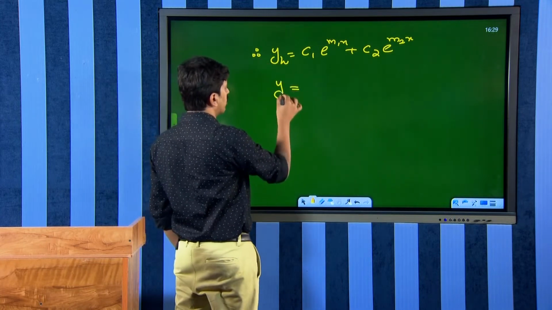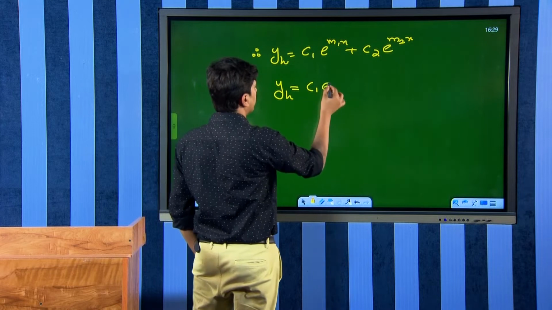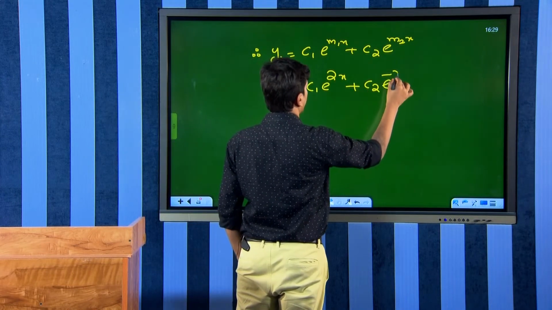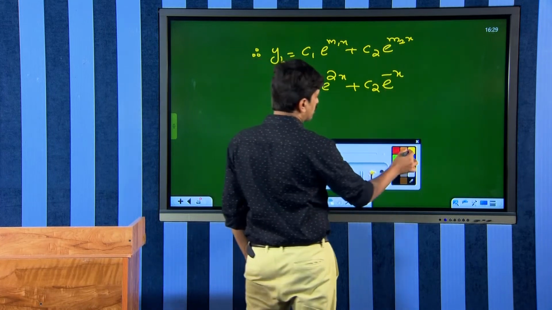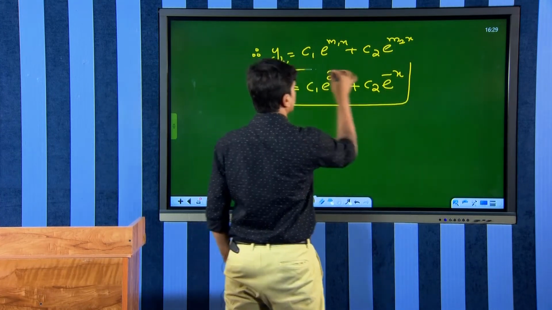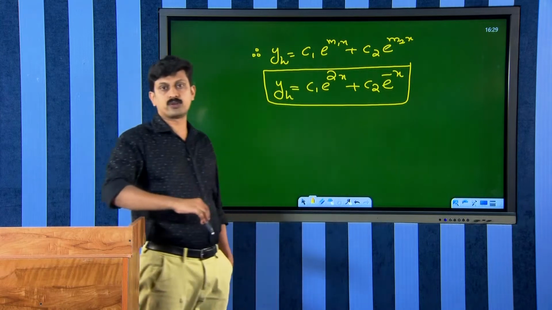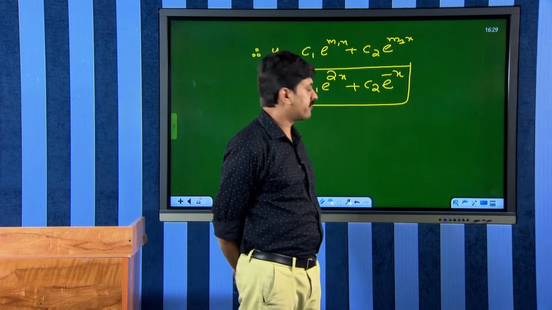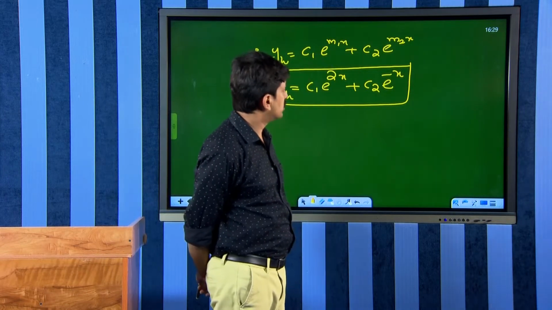That is yh is equal to C1 e raised to 2x plus C2 e raised to minus x. Dear students, this is the general solution of the homogeneous part. So, in the homogeneous part we will have C1 e raised to 2x and C2 e raised to minus x.